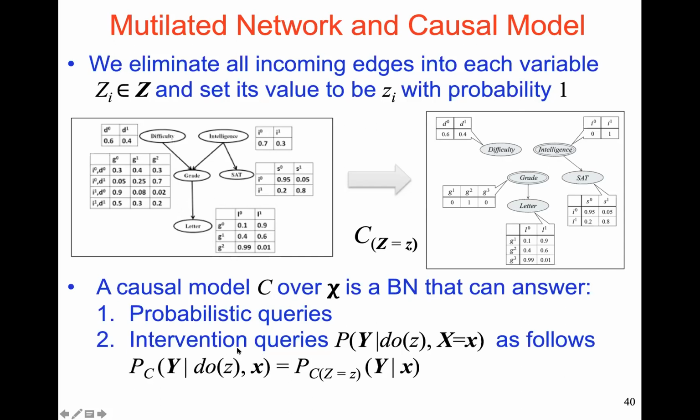But it can also do intervention queries, such as P of Y given do Z equals z. We basically change the network C to what is called the mutilated network, and in the mutilated network, what's the probability of Y given X? That's the kind of question we can answer.